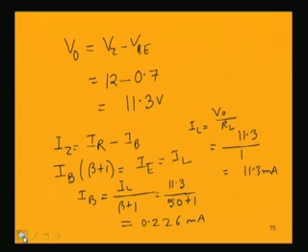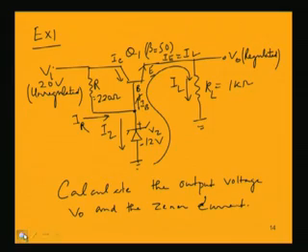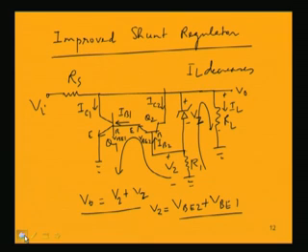Now if we consider in this last circuit that we discussed, improved shunt regulator, here the voltage at this output can be found from this relationship.